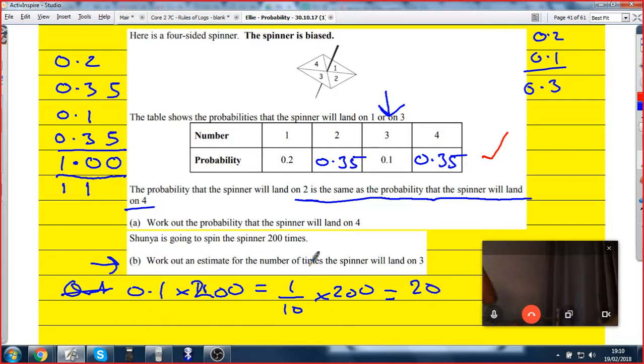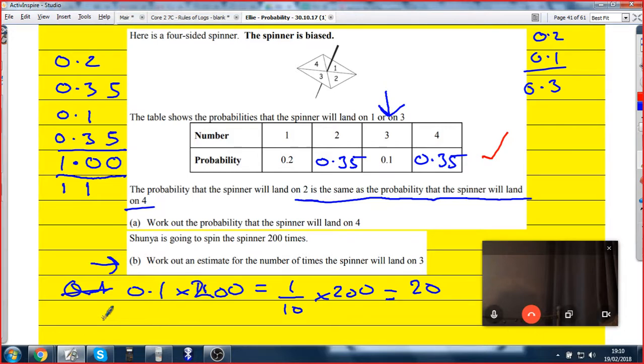Yeah, if you had a coin and you flipped it 100 times, how many times would you expect it to land on heads? 50. Yeah, and so basically you flip a coin 100 times, the probability of it landing on heads is 0.5, and so you do 100 times 0.5.